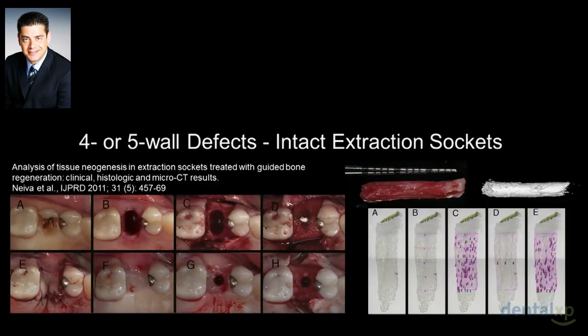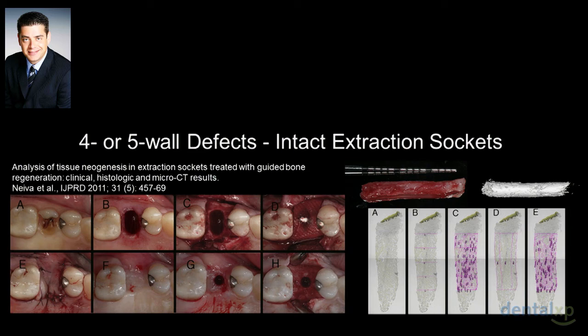So let's give some examples of the 4 and 5 wall defect. I believe that when an extraction is properly done and all the walls of the socket are intact, with very conservative approaches, you can end up with a very positive outcome without using any type of bone graft, okay?